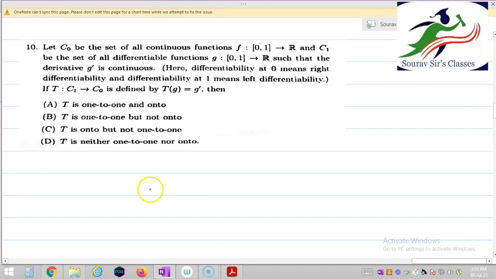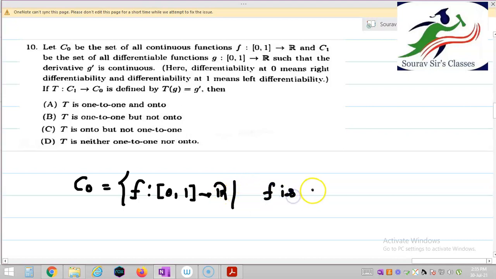It is given that C0 is the set of all continuous functions f from closed interval 0 1 to R. So I am writing C0 in a more compact way. C0 equals all such f from closed 0 closed 1 to R such that f is continuous on 0 1.